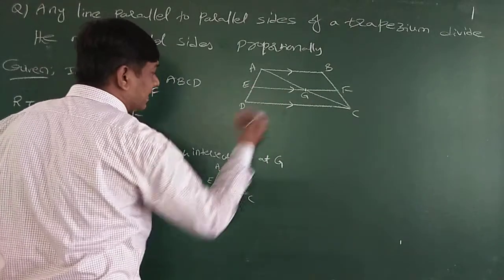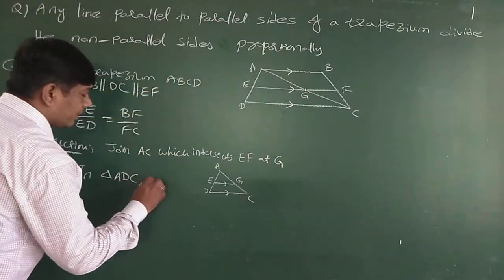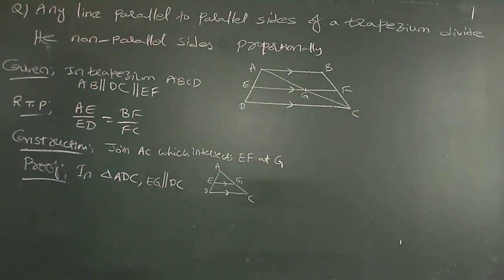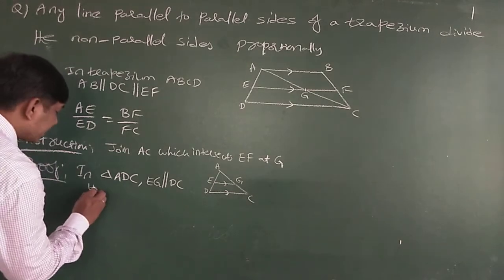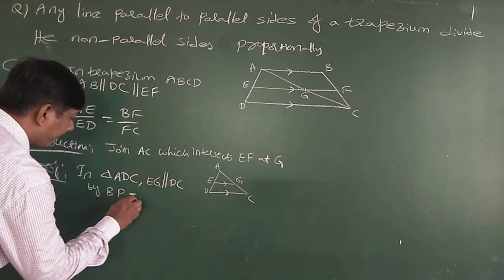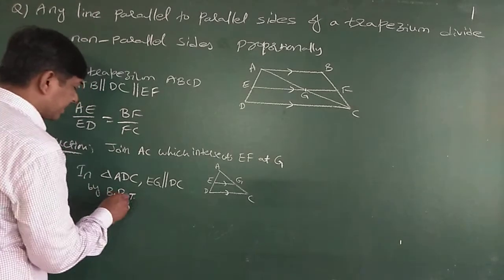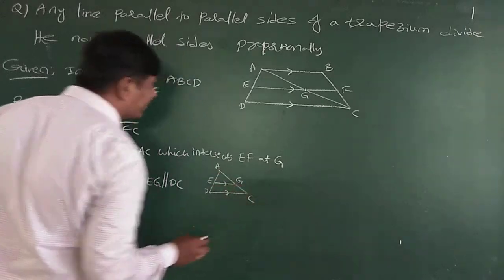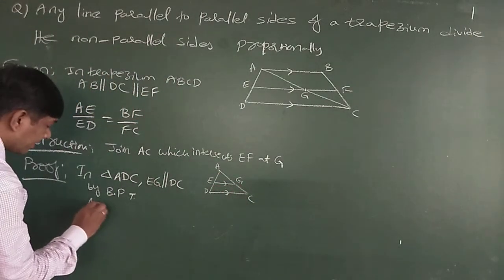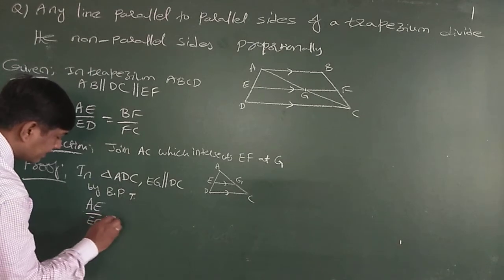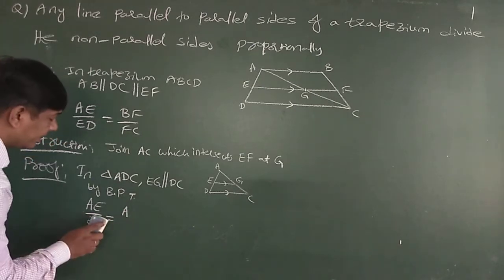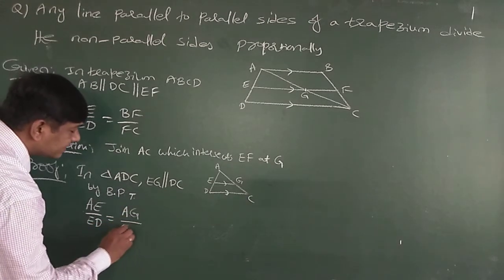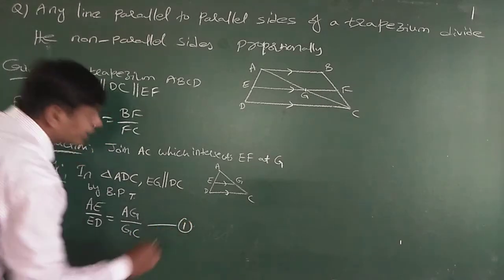Because EF is parallel to DC, no? So EG is parallel to DC. By the basic proportionality theorem, AE by ED is equal to AG by GC. Equation number 1.